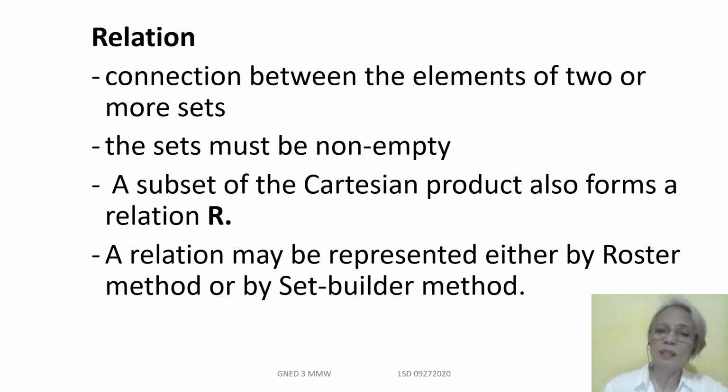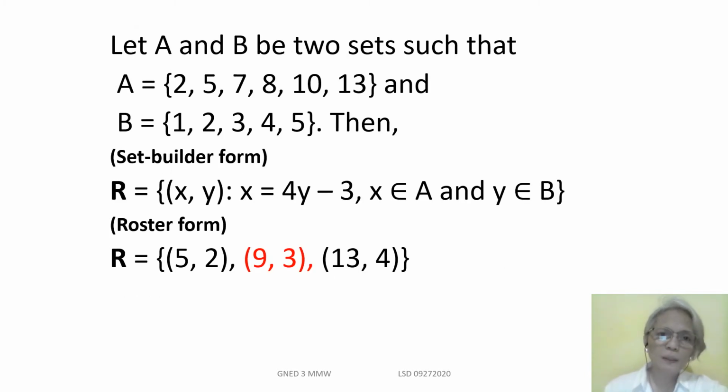A relation may be represented by the Roster method, where we list all the elements, or the set builder method, where we define the property of the elements of the set, which we denote by P of X. Suppose we are given the sets A and B with elements listed here, and the elements of set B are 1, 2, 3, 4, 5.